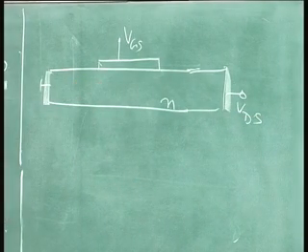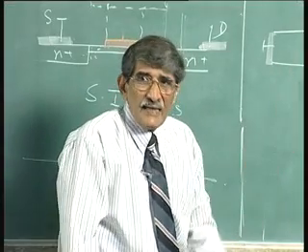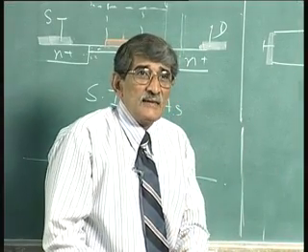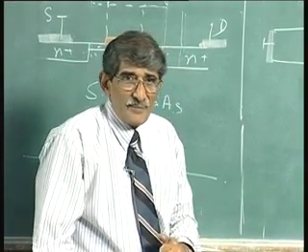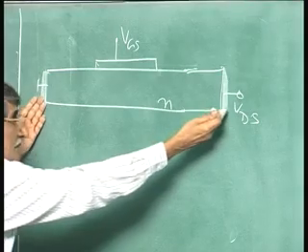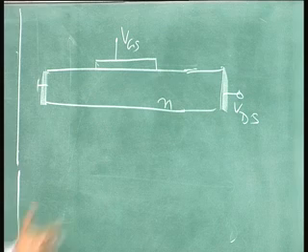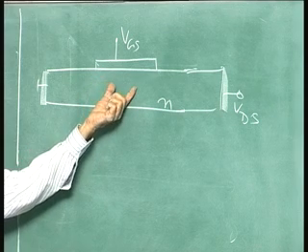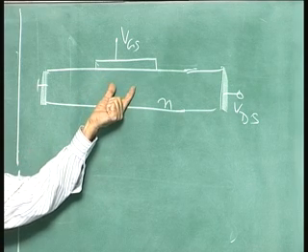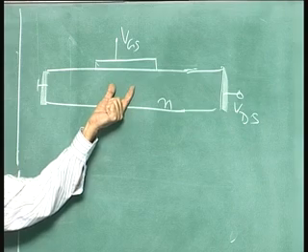What is threshold voltage? Threshold voltage is the voltage that you must apply to the gate to close the channel at the source end. If this voltage VDS is not there, we saw reducing this affects the pinch off voltage and the threshold voltage. That is one effect that you see there.